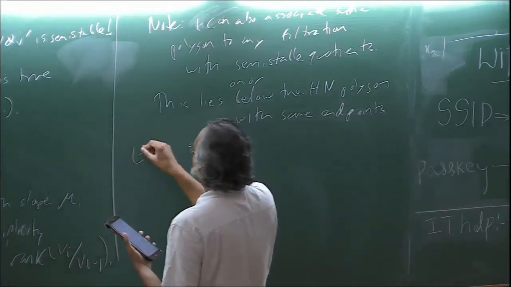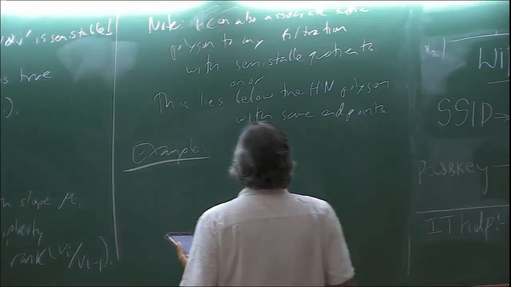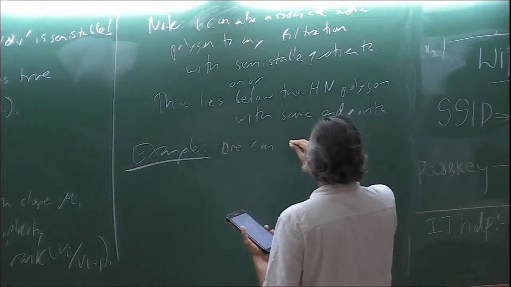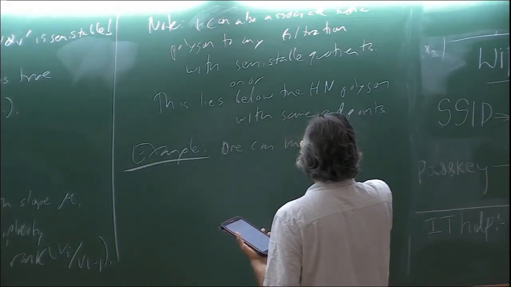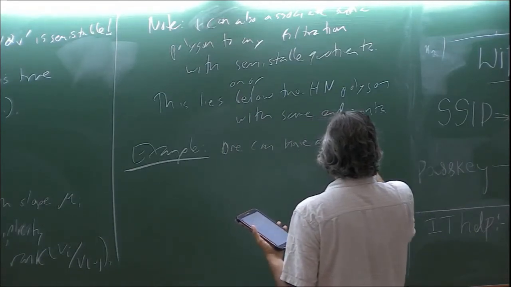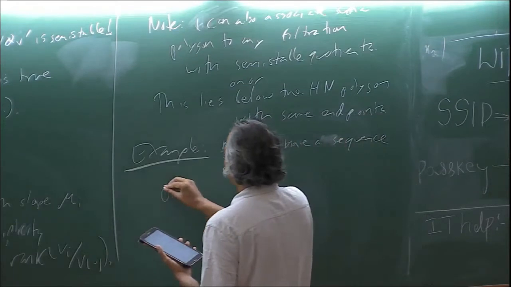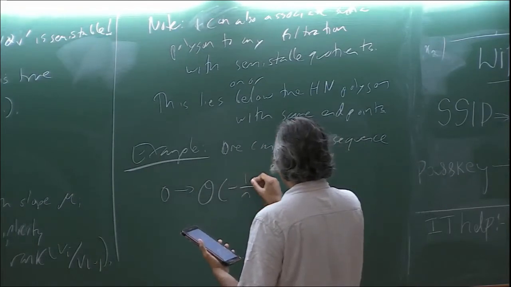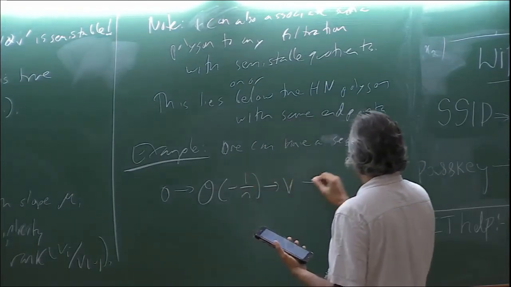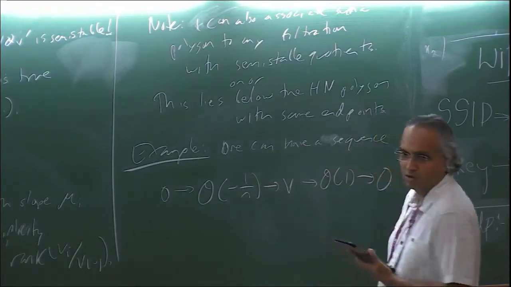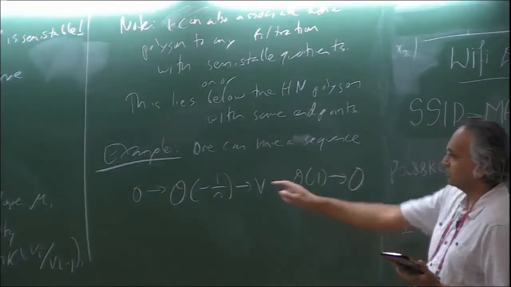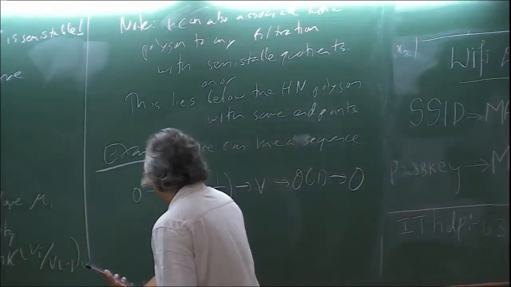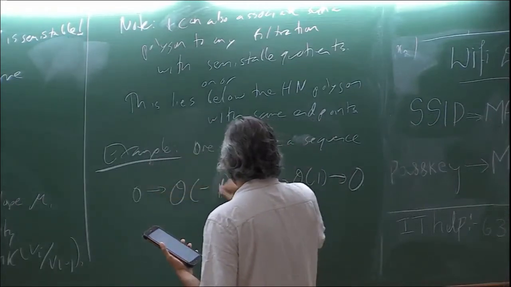For example, and this example will be crucial in the proof of the classification, so I mention it here, and of course it's also crucial for p-divisible groups, maybe we'll see that, one can have a short exact sequence where the sub is, let's say, O(-1/n). Well, let me just do it with 1 and -1 then.